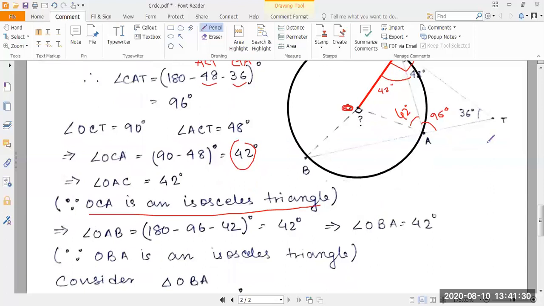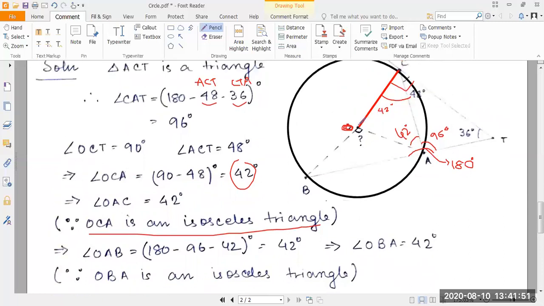Next, you know that an angle on a straight line is 180 degrees. So I know that this portion is 180 degrees. Let me just mark that here. BAT is not essentially an angle, but we can say that this portion creates 180 degrees. And I already know this portion OAC is 42 degrees, CAT is 96 degrees.